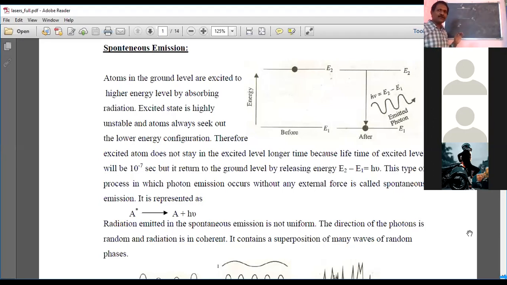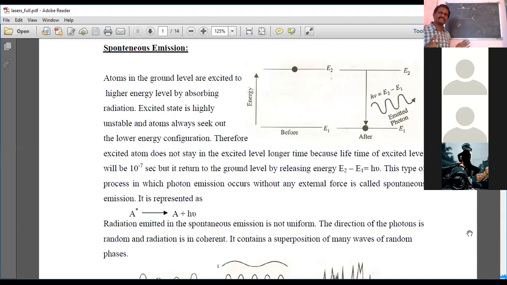Now, we know very well that atoms cannot stay in the excited state for a long time. Why? They are unstable in the excited states. Because they are unstable, they want to lose energy and come down to the lowest possible energy state and stay there. This is common for an atom, a molecule or an ion.